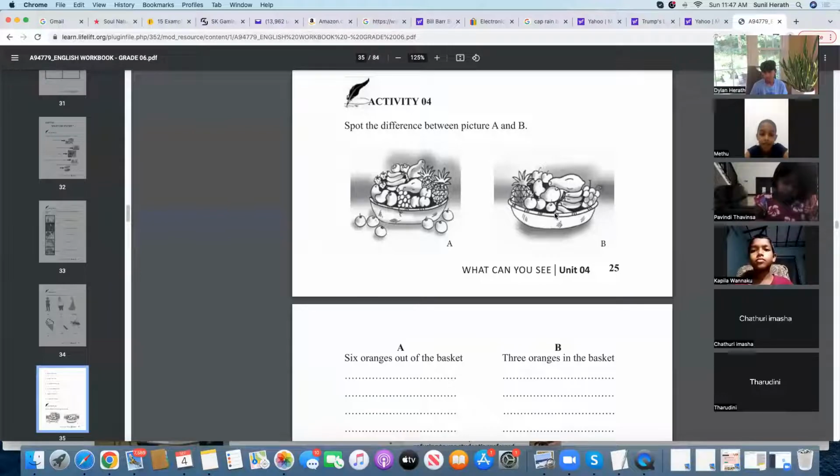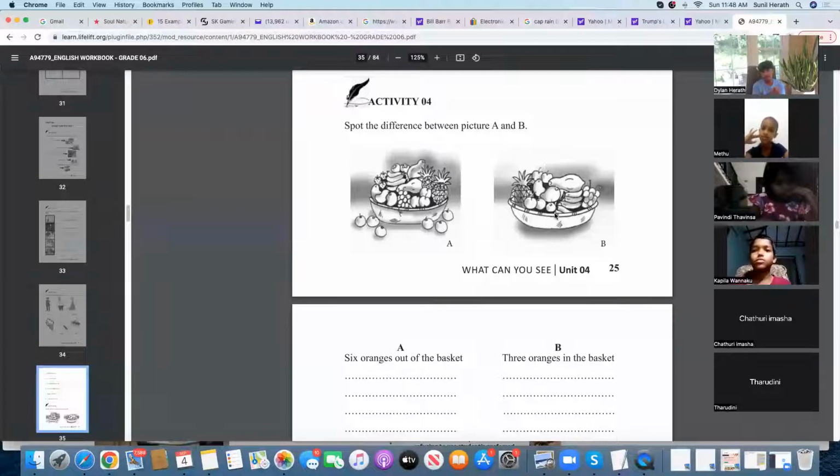There are 2 pineapples. Sorry, say it again. 2 pineapples in the basket A and 1 pineapple in the basket B. Okay, thank you. That was good. Try and compare them.